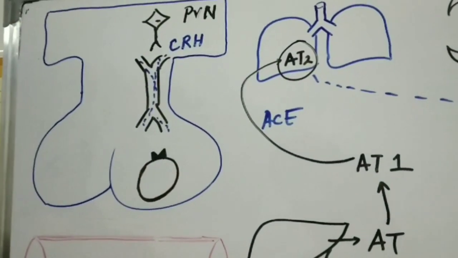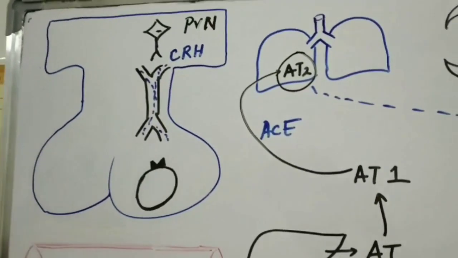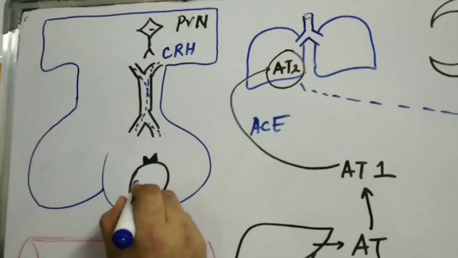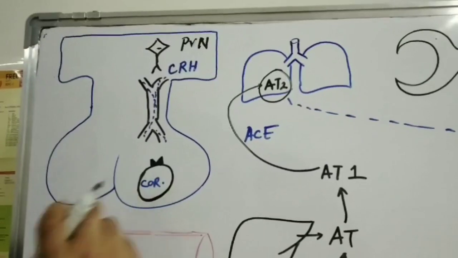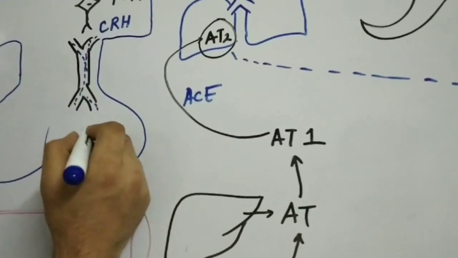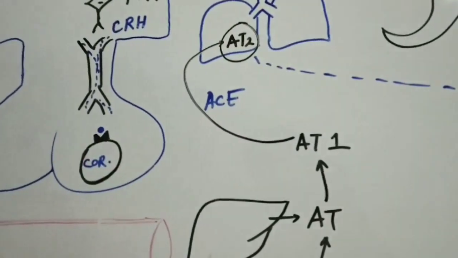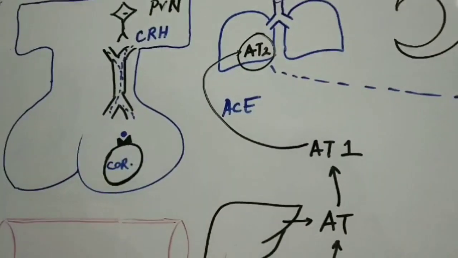In the anterior pituitary there are specific types of cells known as corticotropes. Suppose this is a corticotrope. This CRH will bind to the receptor of the corticotrope and will stimulate it.